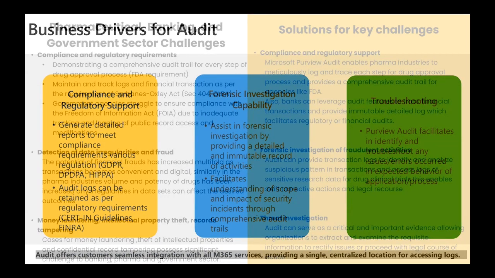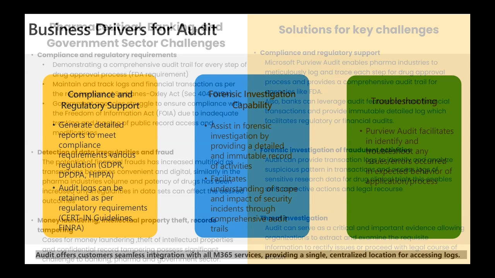A couple of examples here. Again, I won't go through all of them. A couple of industry-specific examples where auditing is helpful. We looked at the compliance and regulatory requirements as one of the business drivers in the previous slide. Within the pharmaceutical industry, auditing helps by demonstrating a comprehensive trail for every step in the drug approval process, and in certain geographies, this is a mandated FDA requirement.